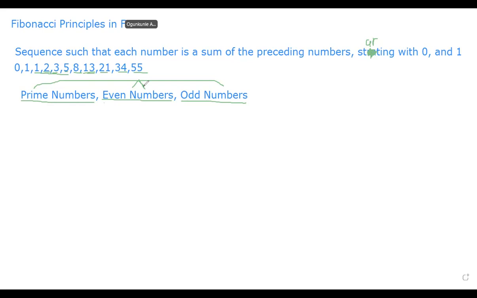Beautiful. Since Forex is a numbers game, and virtually all numbers can be classified into these three classes, it means every possible category of numbers is already represented in the Fibonacci sequence.